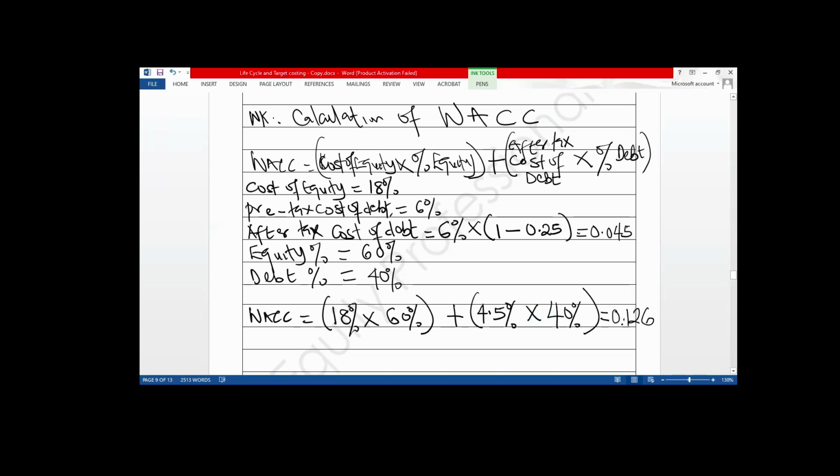If you want to convert it to percentage, multiply by 100. The WACC will give you 0.126 multiplied by 100, which becomes 12.6%. Please check your computation. This is the correct answer.